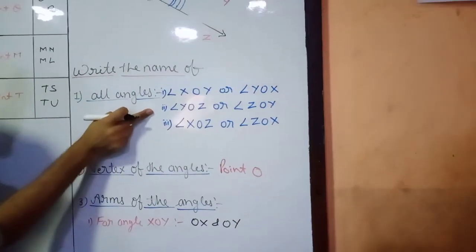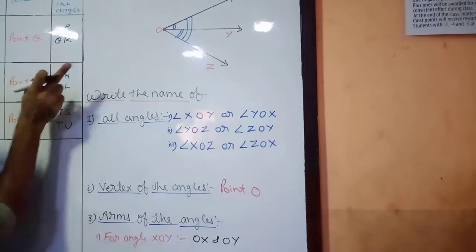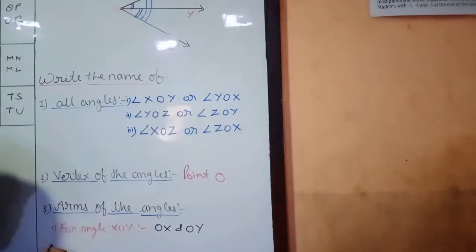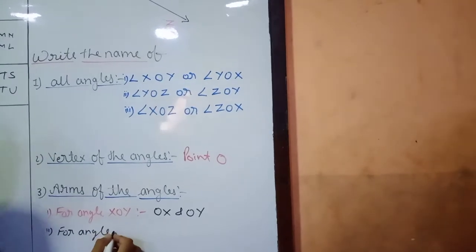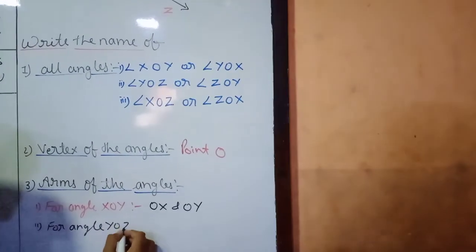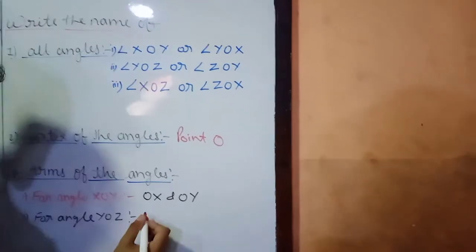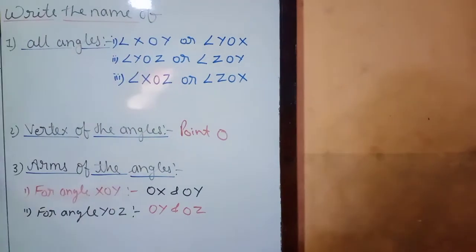And in the second angle, YOZ, we have two arms, OY and OZ.